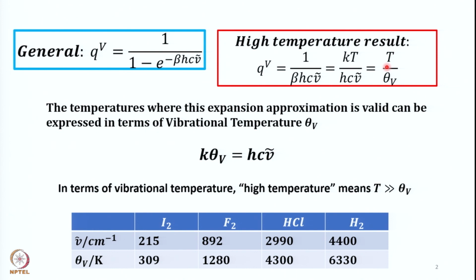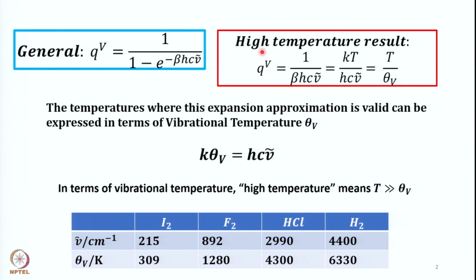The significance of this characteristic vibrational temperature is that this expression can be used if the temperature is much higher than the vibrational temperature, which we calculate by using this equality, that is k theta_V is equal to h c nu bar, where nu bar is the vibrational wave number for a particular mode of vibration. So, what is the meaning of high temperature here?